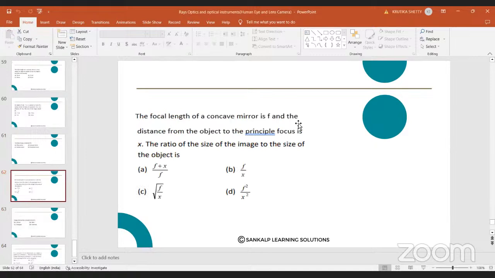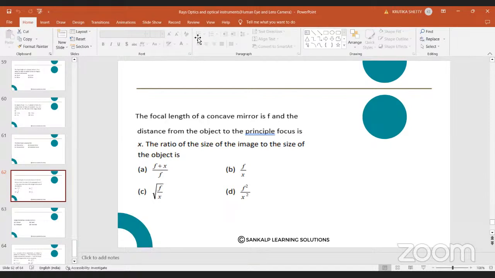Then the next question, here we need to solve this. The focal length of a concave mirror is f, and the distance from the object to the principal focus is x. The ratio of the size of the image to the size of the object, that is magnification.